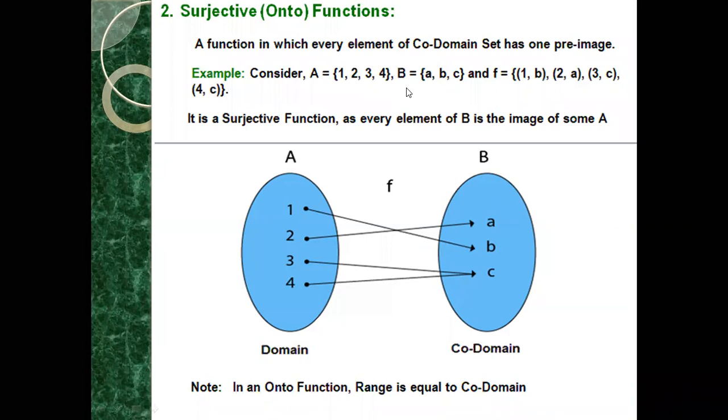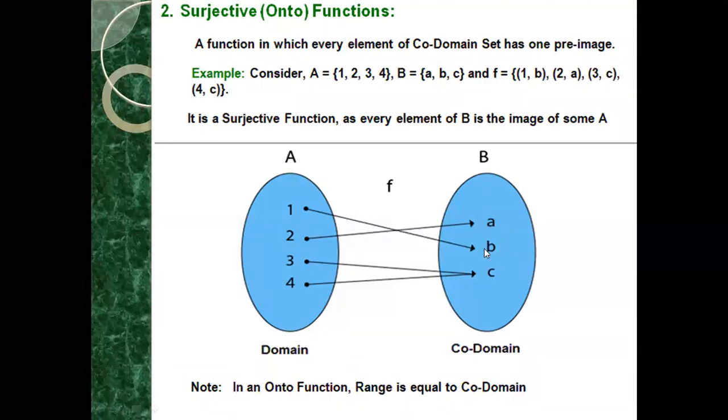Okay, it is surjective as every element of B is the image of some element of A. So here, 1 is related to b, 2 is related to a, 3 is related to c, and 4 is related to c.